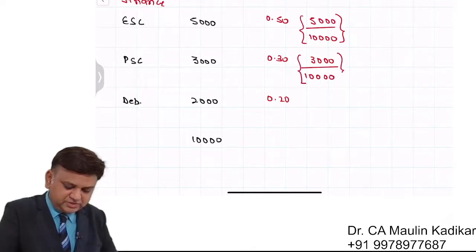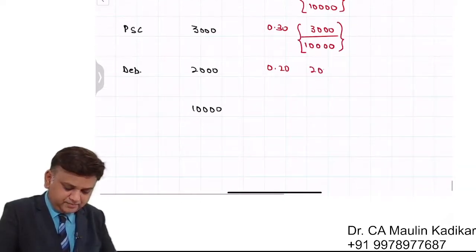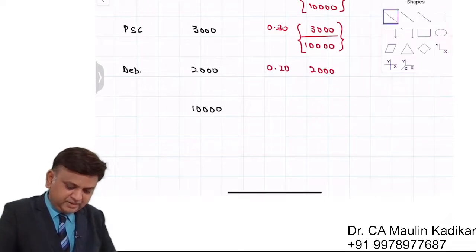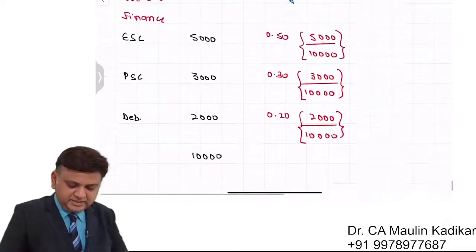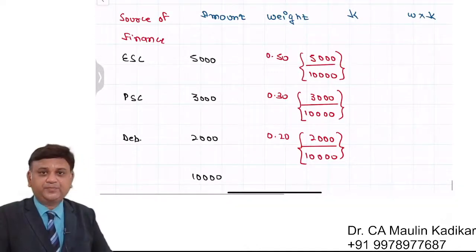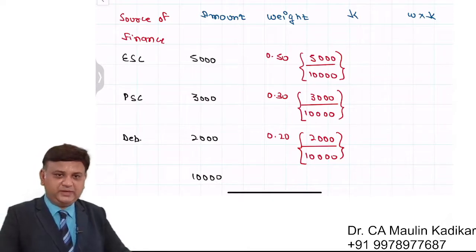And 0.20 is calculated as 2,000 divided by 10,000. That is the way we'll have the weight, and the total of the weight would always be 1.